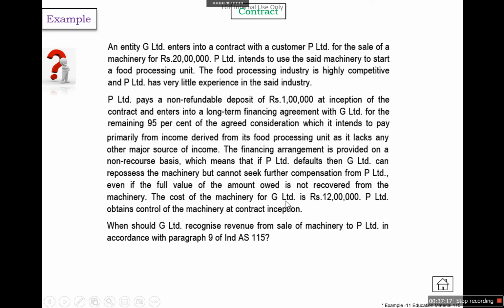The cost of machinery for G Limited is 12 lakhs. P Limited obtained control of the machinery at contract inception. When should G Limited recognize the revenue from the sale of machinery to P Limited according to paragraph 9 of Ind AS 115?